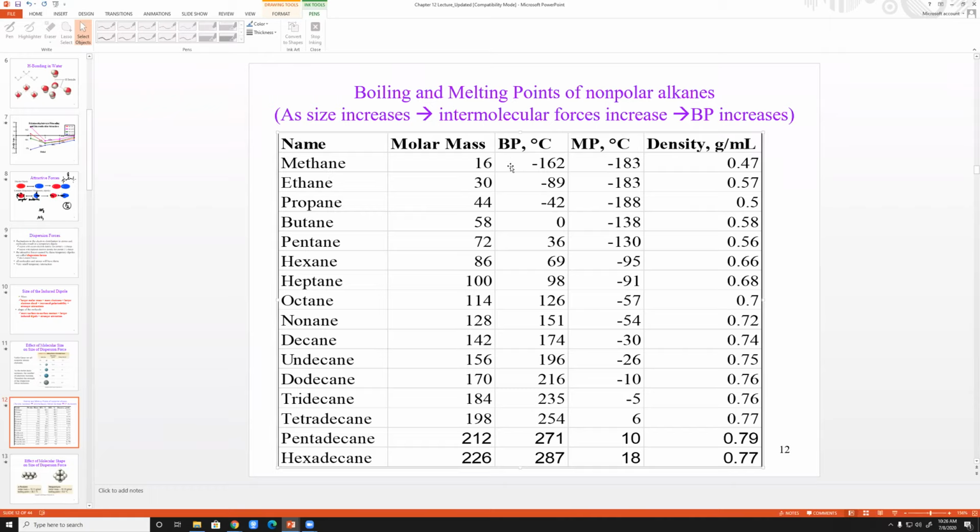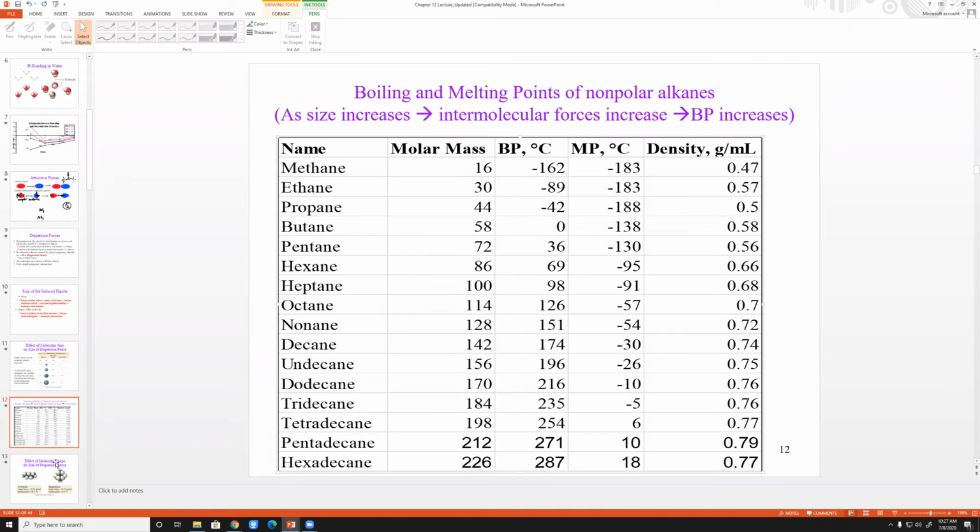But you can see that as the size increases and as the intermolecular forces increase, the boiling point and melting point increase as well. That's an important thing to know, because you might get a question asking which one of these has a higher boiling point. The answer is, it's all based on intermolecular forces. Whichever one creates the strongest and most intermolecular forces will have the highest boiling point. So keep that in mind.